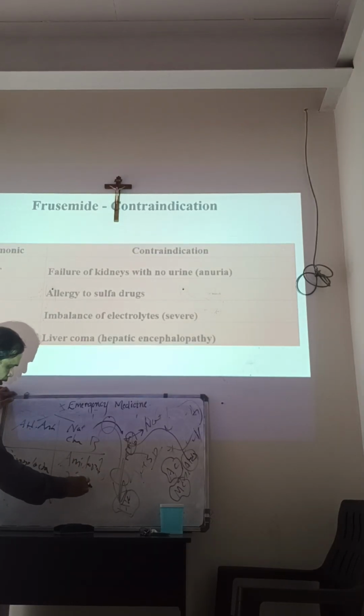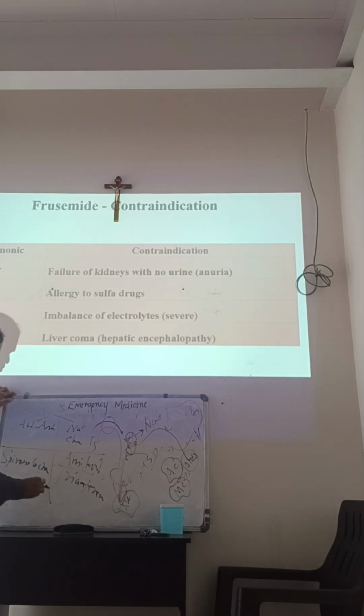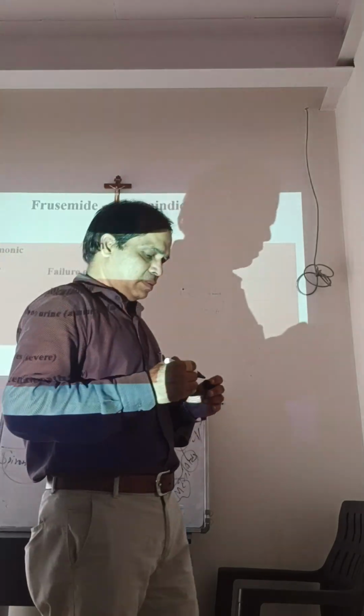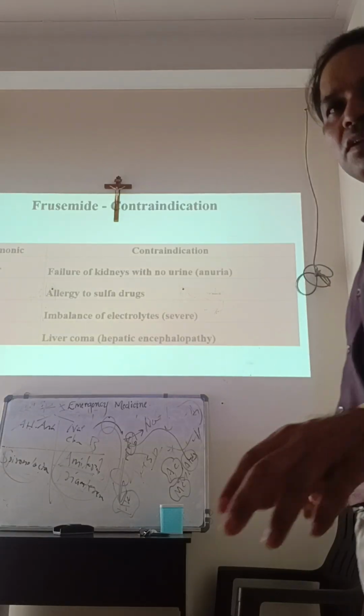Both of these are potassium sparing diuretics. So whenever you use either furosemide or thiazide diuretics, you have to use them with either this or this to prevent the potassium loss. Remember that. You just have to mention it, that's all.